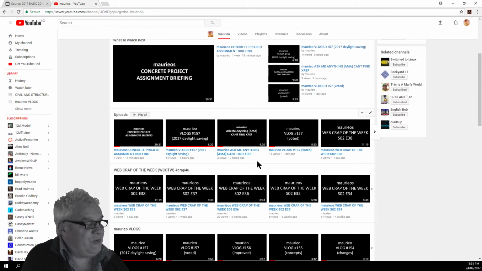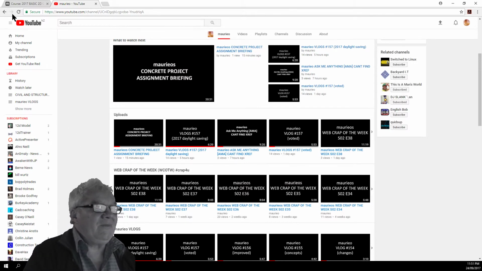So when you put the input in, the XREF was going into the plan but miles away. And when you pushed the extents button, it went for Africa and the little tiny dot, so you could find it. So I'm showing a method there of actually going into the XREF and resetting the base point using a base command. That would be possibly quite helpful for a number of you. So just remember that ask me anything in the basic 2D CAD.